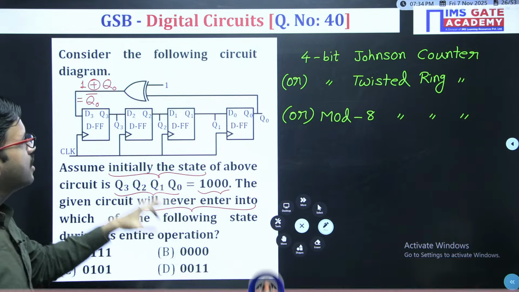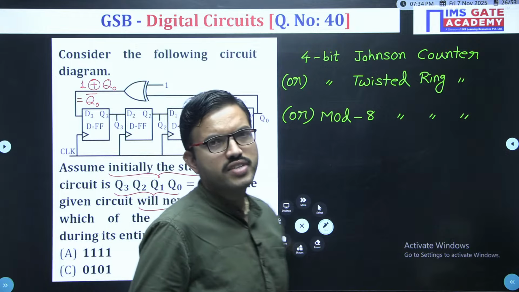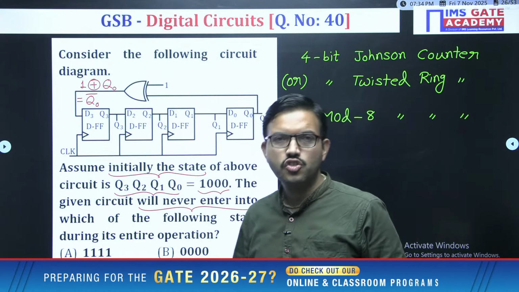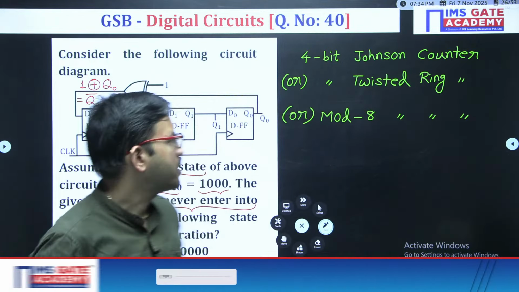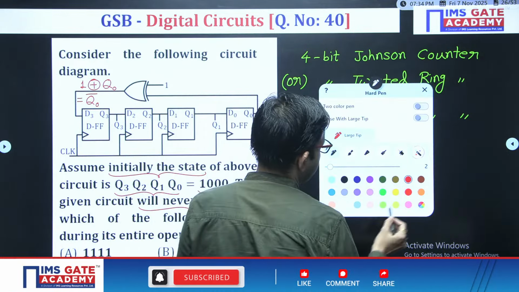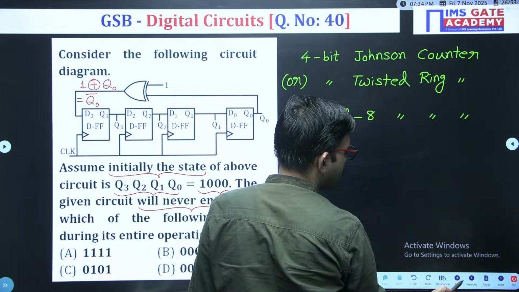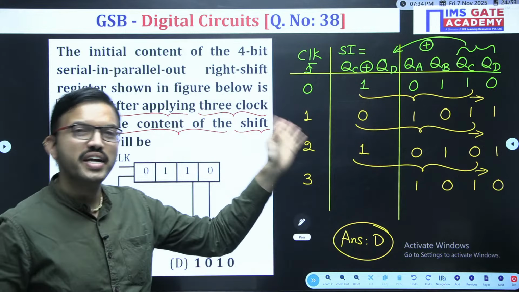Here the question is an MCQ, so among the 4 choices, one particular state is one the circuit never enters, and you have to figure out that option. So very simple here. Just like earlier, if you want to solve this question, exactly like this model you might have learned.